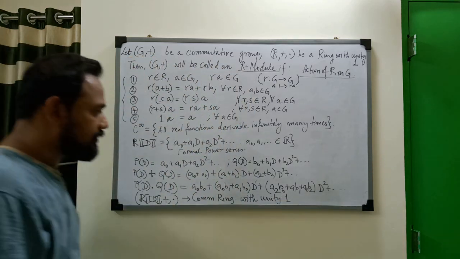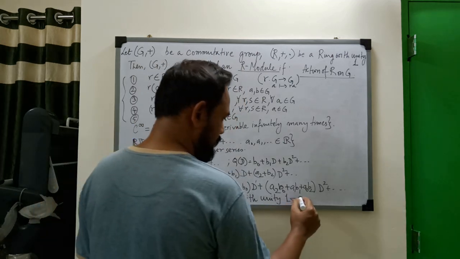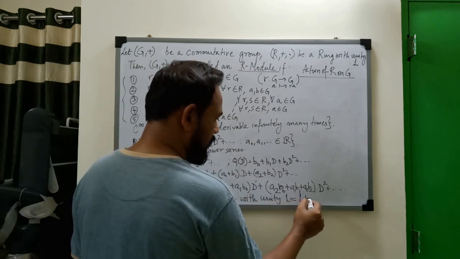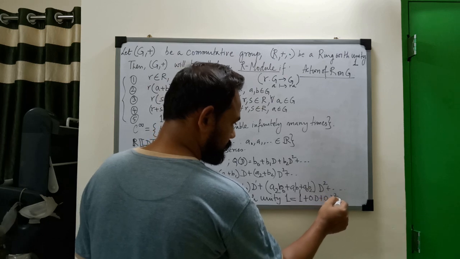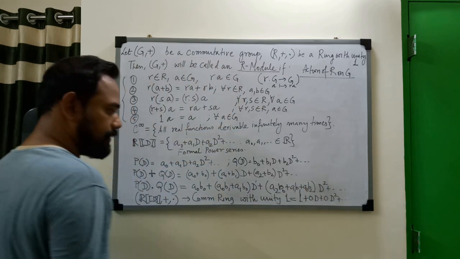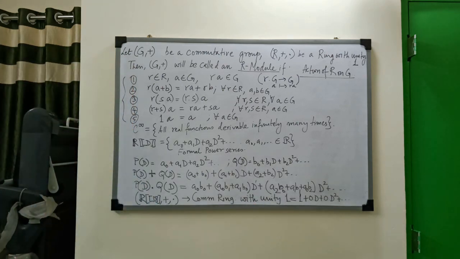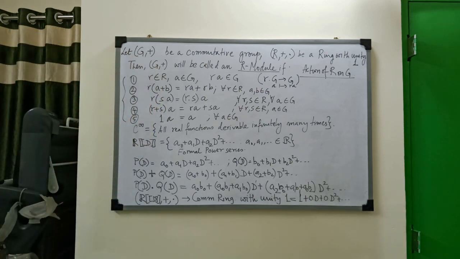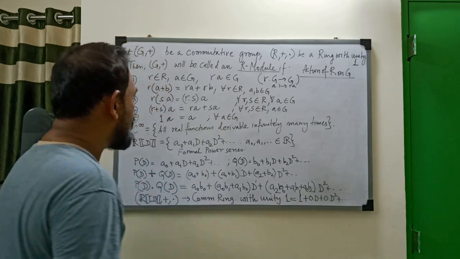But what really is 1 is this series where the first element is 1 and the rest are all 0. This element, which I will write as 1, will be the unity or the multiplicative identity of this element. Okay? Right. So this will be a commutative ring.